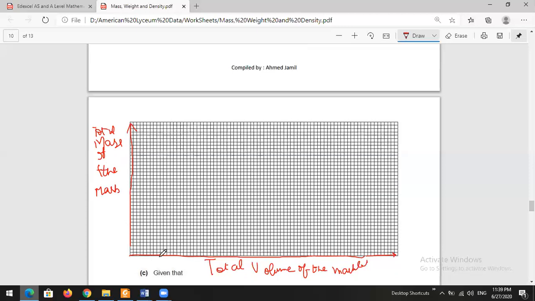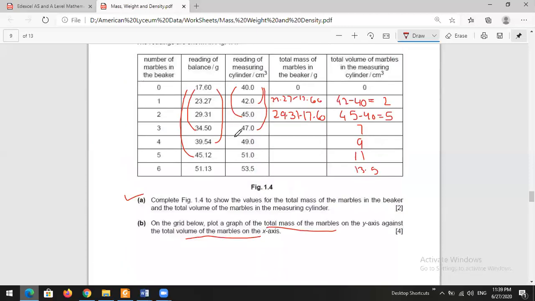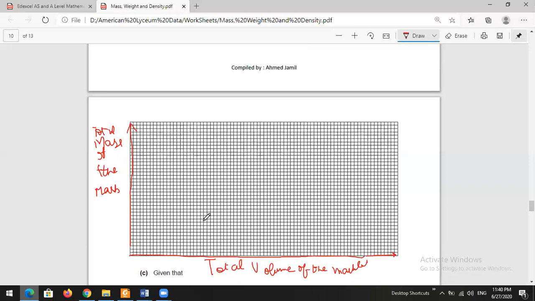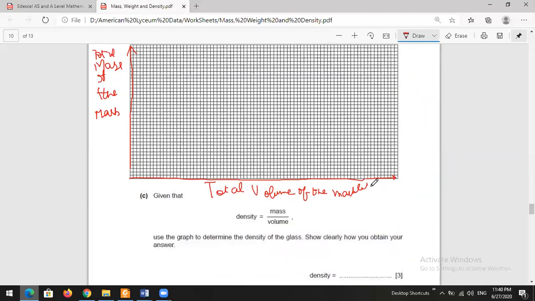And now you have to label. You can see that this is the x-axis and this one is the y-axis. The readings start from 40 to 53.5. You can write here 10 boxes represent 10.